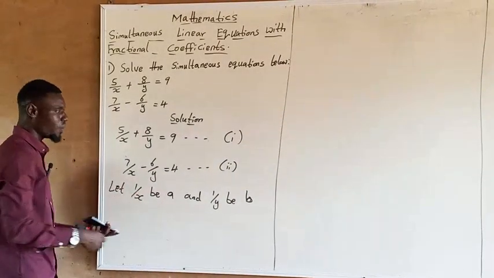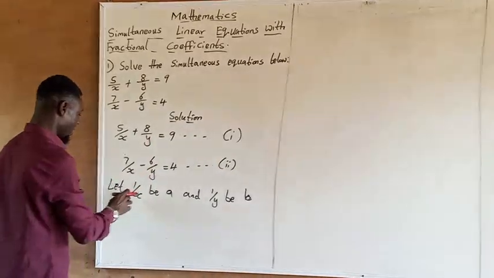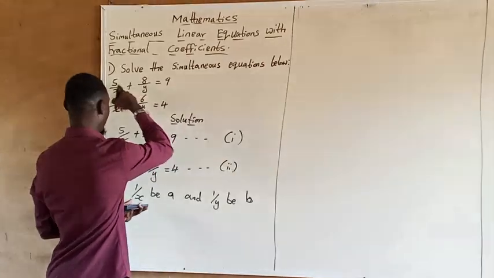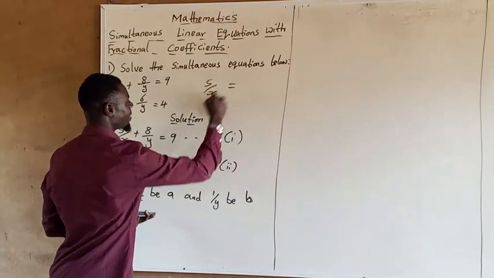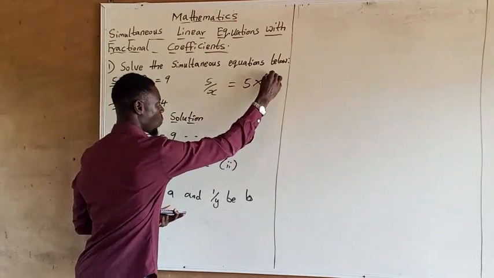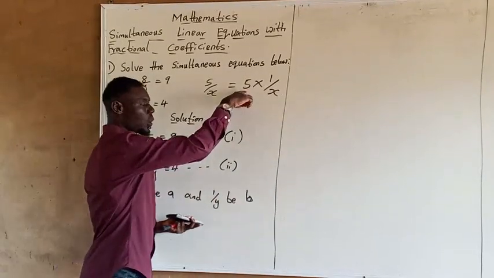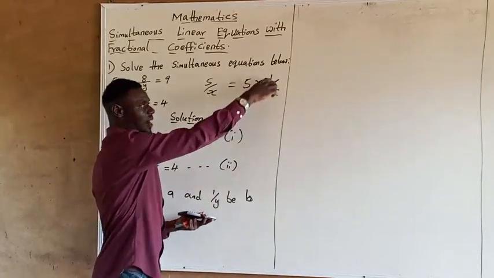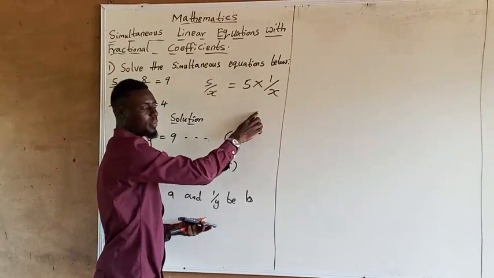You know, this is a statement; I just assume. Note something. Just imagine a case like this. The first one, I have 5 over x. 5 over x can be written as 5 times 1 over x. Whenever a whole number is multiplying a fraction, the whole number goes to the top of the fraction.